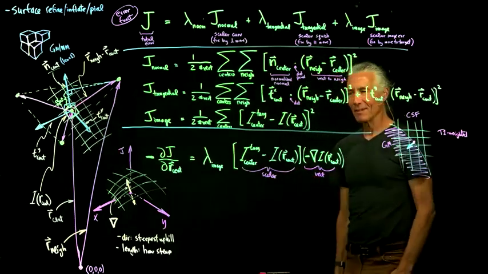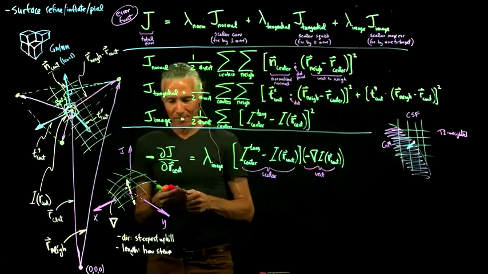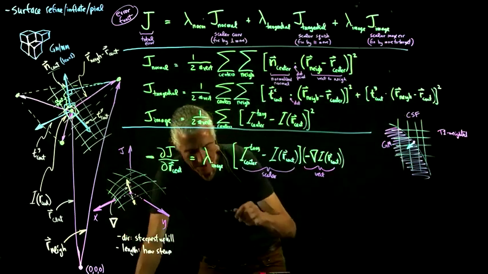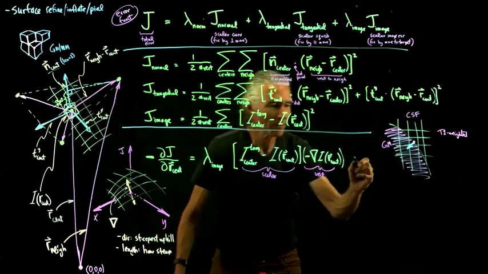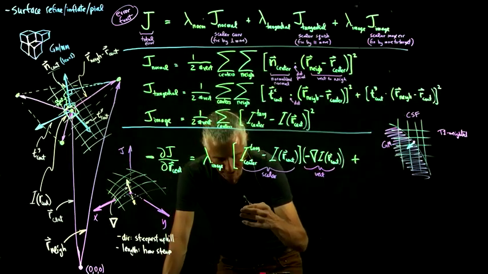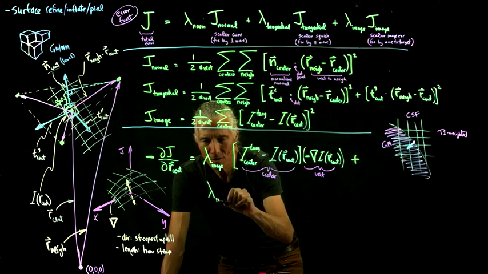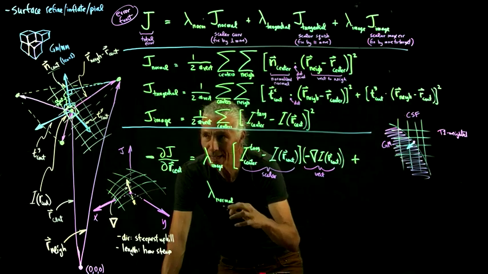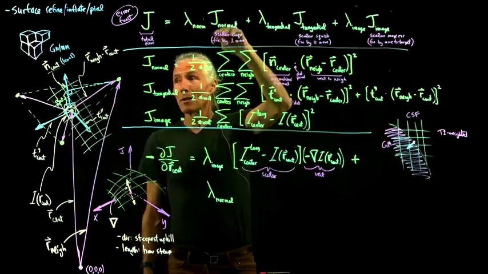Okay, so that was the easy one, sort of reasonably easy one. So now we got to take the derivative of the normal one. So we're going to add on another vector, and this other vector is our normal weight. Like how much are we saying that having low curvature is important?